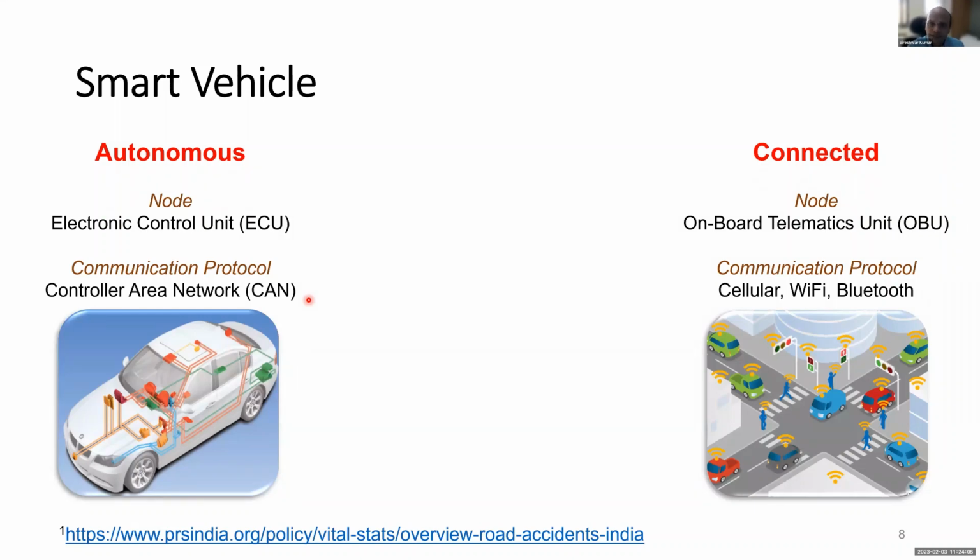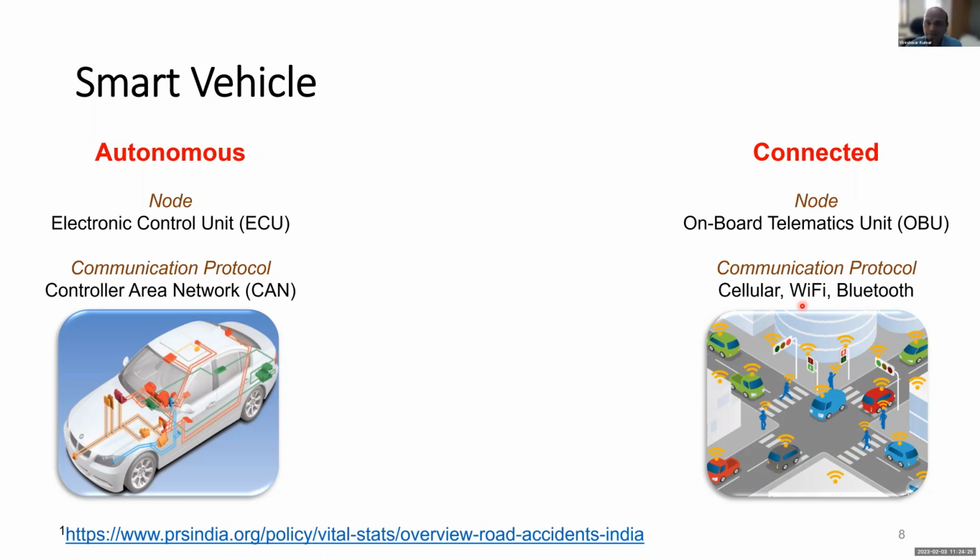The other aspect of the vehicle that you may also realize is getting very popular is the connected aspect. The vehicles are now being connected to external entities. Of course, you are easily able to connect your mobile phone to your car to play some music and stuff. So that has been there for a very long time.